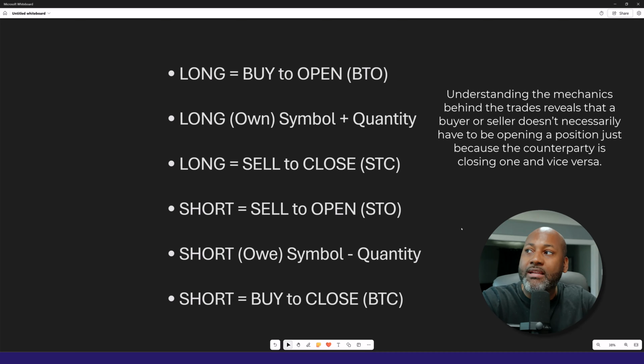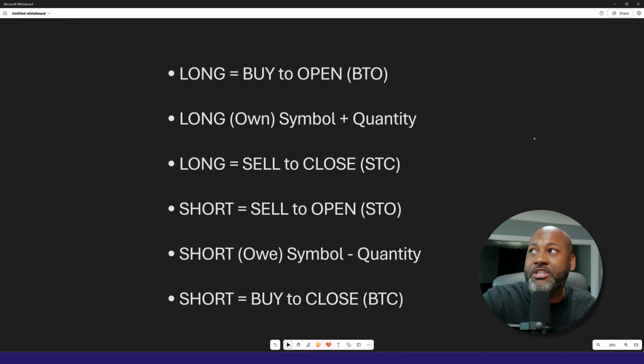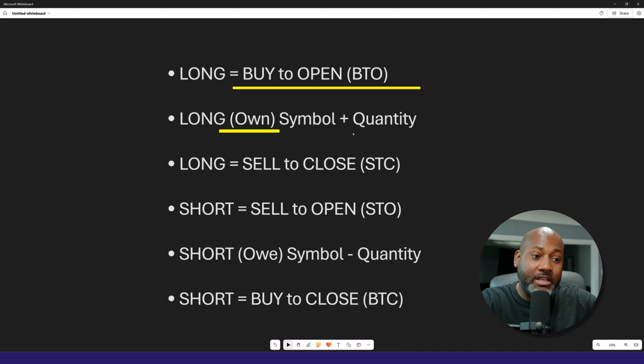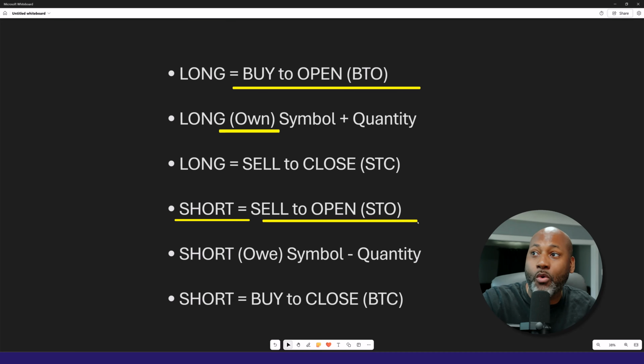So the person that buys the option, remember, that is going to be a buy to open. The person that buys it is the owner. They own that option. An option is a contract. So the person that sold that options contract is short, and they sold it to open. The person on the opposite side of the trade bought it to open.